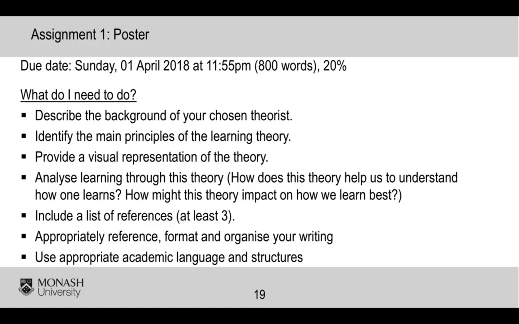Sometimes articles are a little bit difficult because they're a bit abstract, and they may use a theorist but don't really explain the theorist. Online sources are really not as academic, so it'd be better to use books.